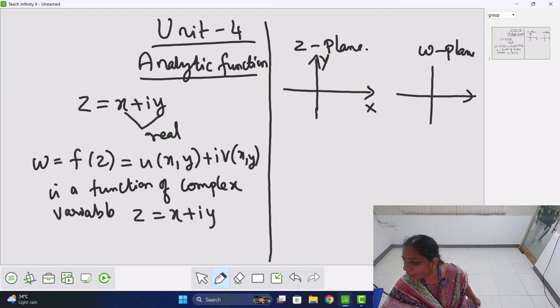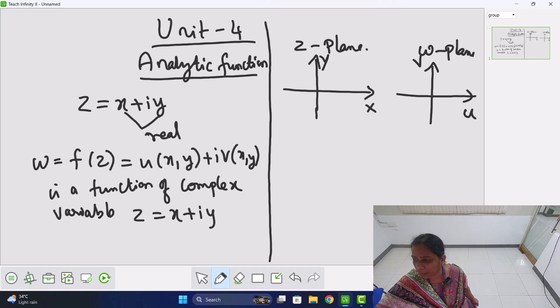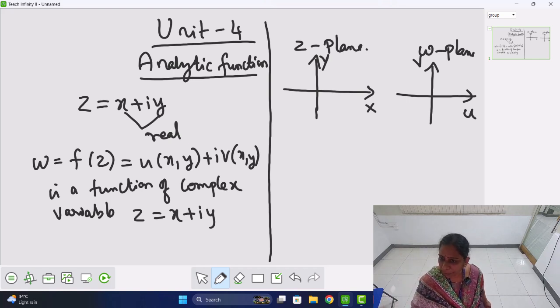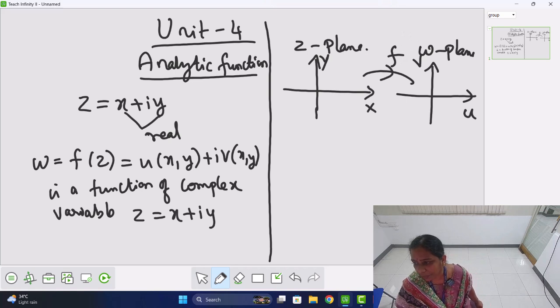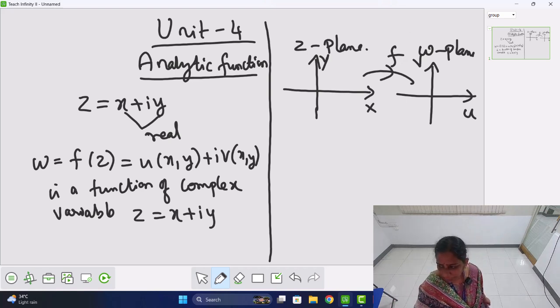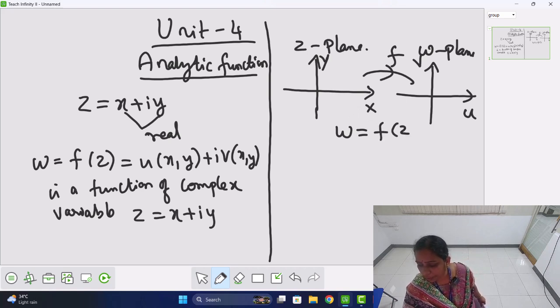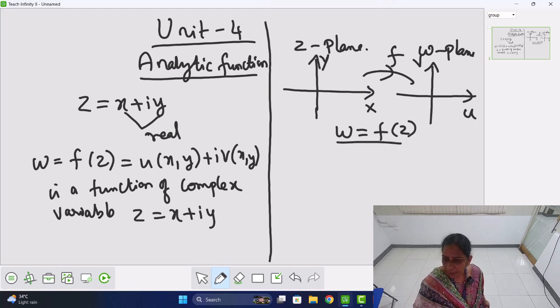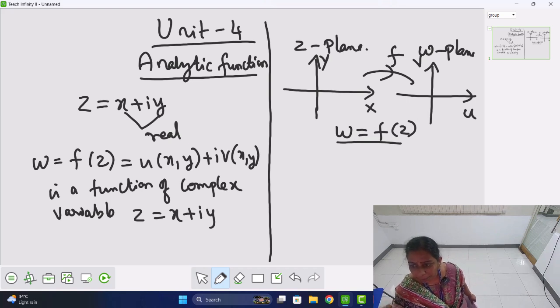For the w plane, you will use the u axis and v axis. What is the relation between the z plane and w plane? It is the function which relates the domain to the codomain, w as f of z. Only in this way does it relate the z plane to the w plane. We will see mapping and conformal mapping in depth later.